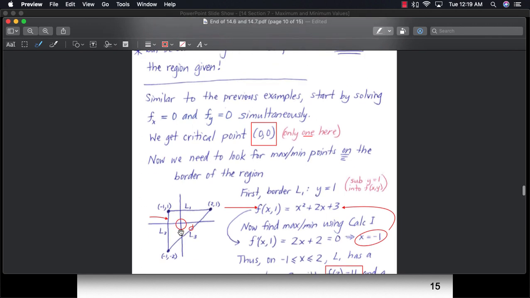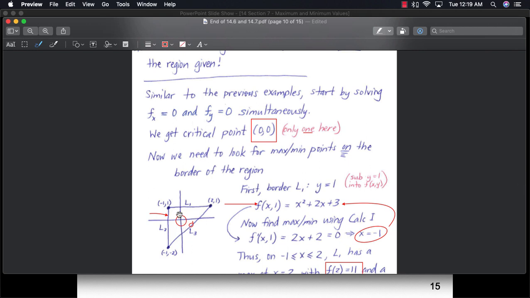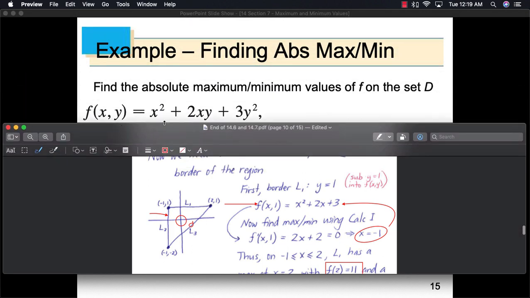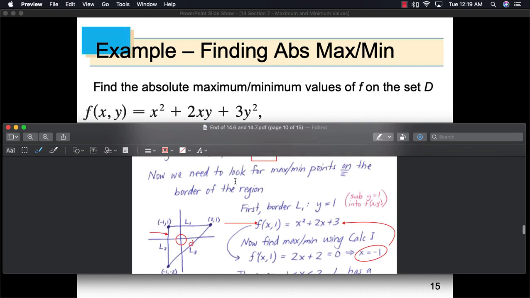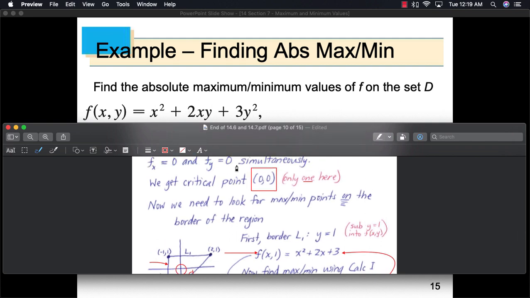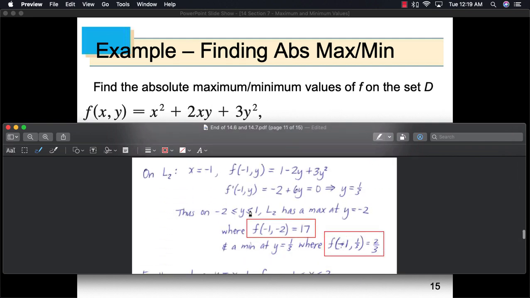I think we all can see that. Because it's well within this region, this is also a point that we have to consider. This point we must plug into the original function, which is this function right here. If I plug in 0, 0, I obviously get 0 out of it. And clearly, 0 is smaller than 1/3.